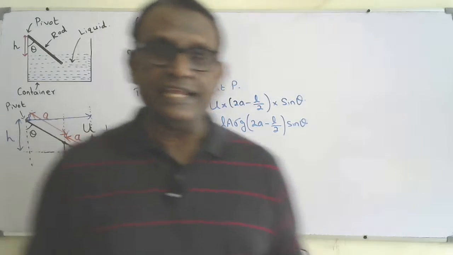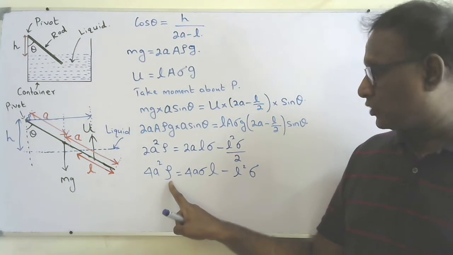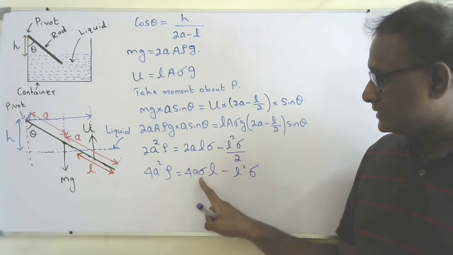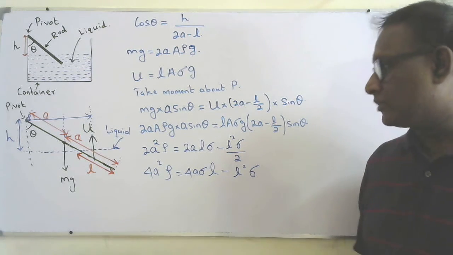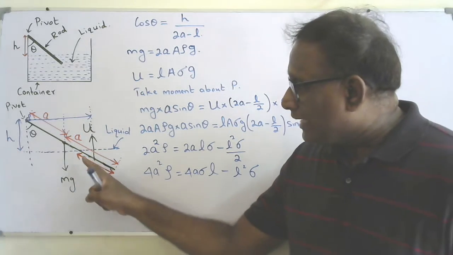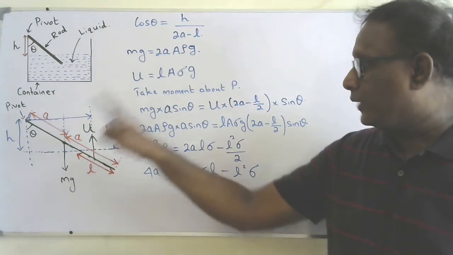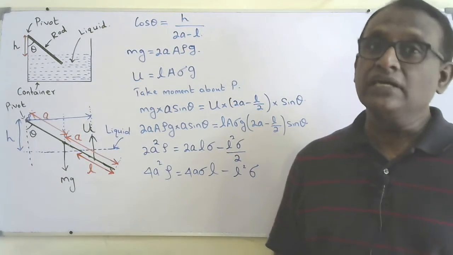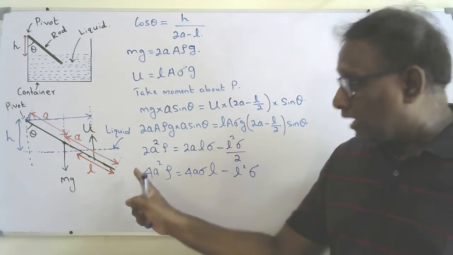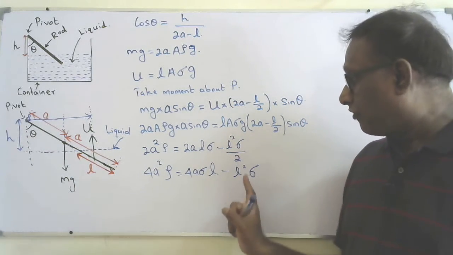You can see in this equation, a is a given quantity, rho is a given quantity, sigma is a given quantity. So L is the unknown value. So what length will be inside the liquid depends on the density of the liquid and the density of the material of the rod. So I need to find a real value for L.